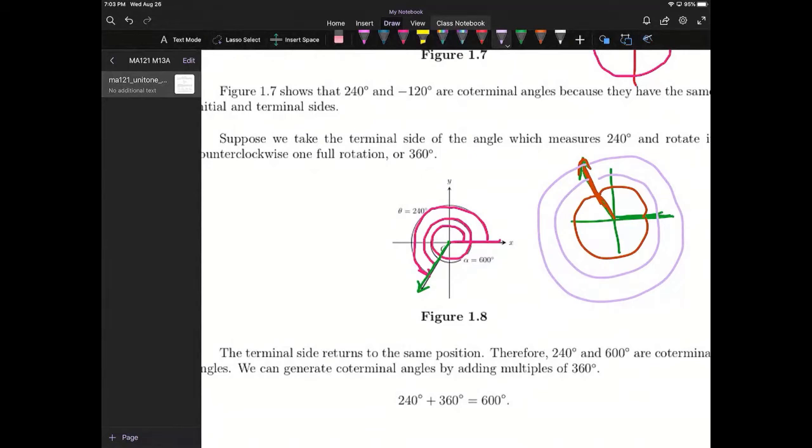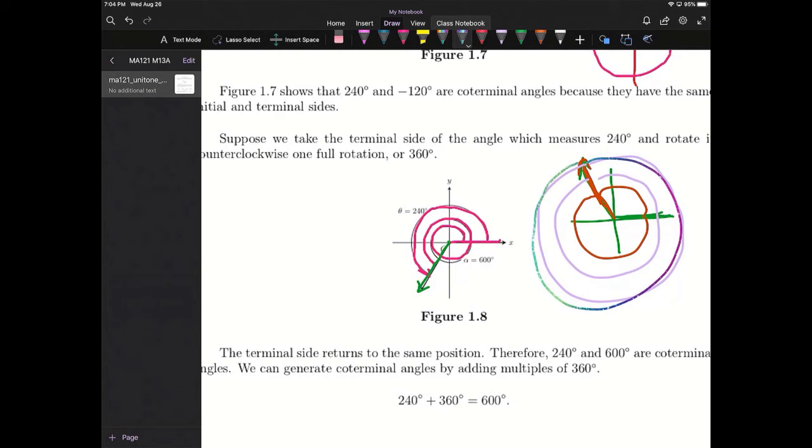If I keep adding 360, I just get another angle, another angle, another angle, so I get infinitely many coterminal angles to the initial angle that I had. Now, if I add, I get angles. If I subtract, I get other angles. So they are also coterminal. You could be subtracting, meaning going toward the negative, the other direction of rotation, to get other angles by means of subtraction.